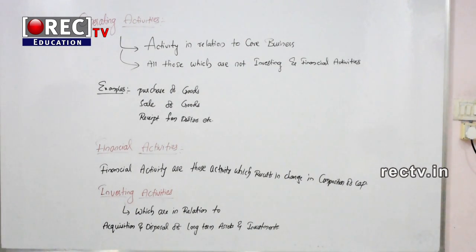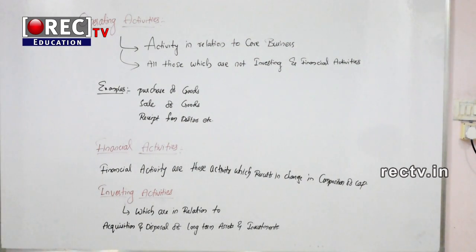So the changes occurring on the liability side in long term capital or long term liabilities come under the head of financing activities. The examples are share capital, debentures, long term borrowings and preference share capital. So these are the examples for financing activities.